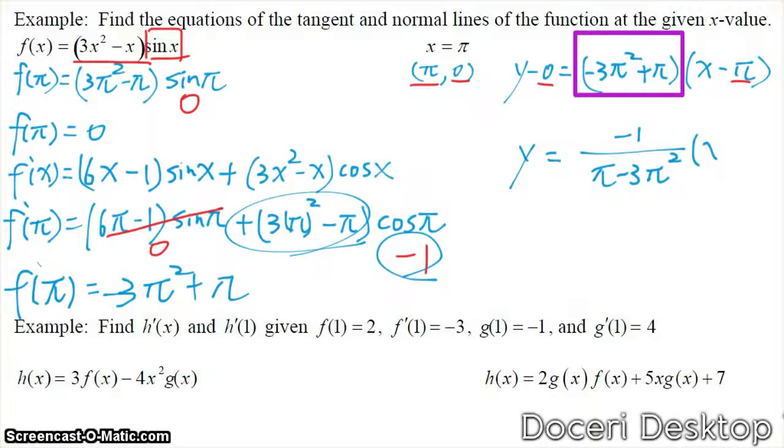And then that will be it. This one will be the normal line. This is normal, and this is tangent. Okay, so this is that problem.